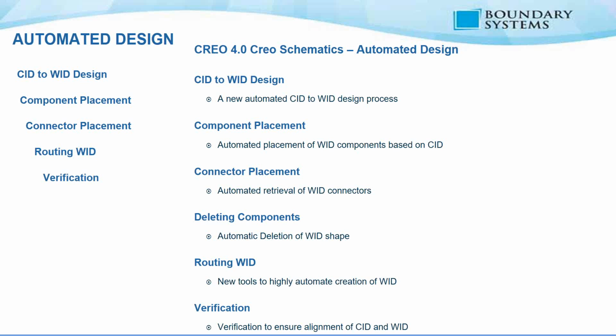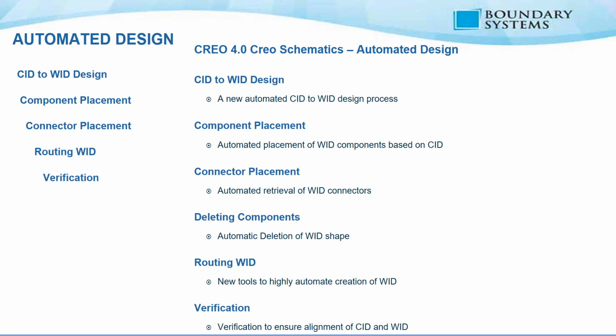Also with component placement: after you have created your circuit diagram and you want to transfer the information to your wiring diagram, there's a lot more placement for your components and your connectors whenever you go to do that.